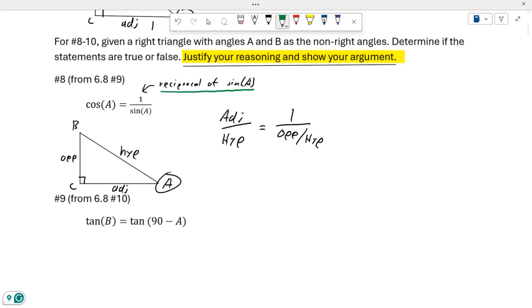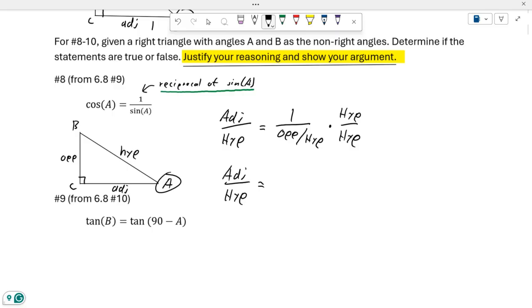So we have 1 over opposite over hypotenuse. You can jump immediately to the reciprocal of opposite over hypotenuse, or you could multiply this by hypotenuse over hypotenuse. My left-hand side stays the same, just adjacent over hypotenuse.